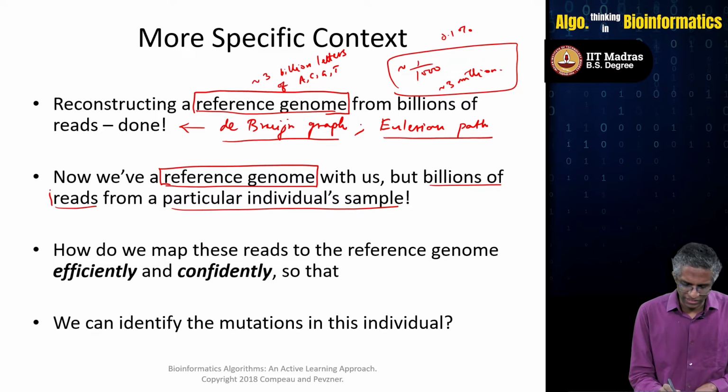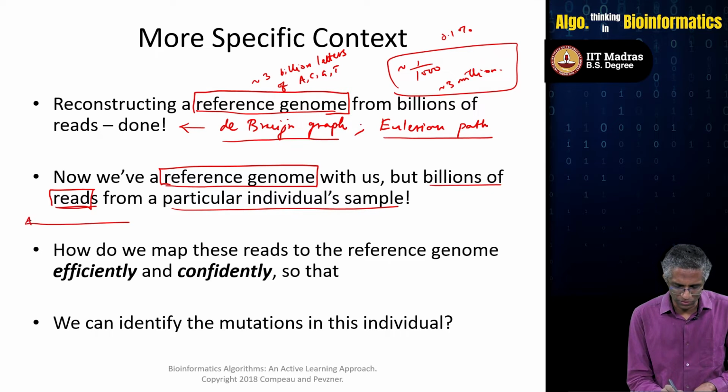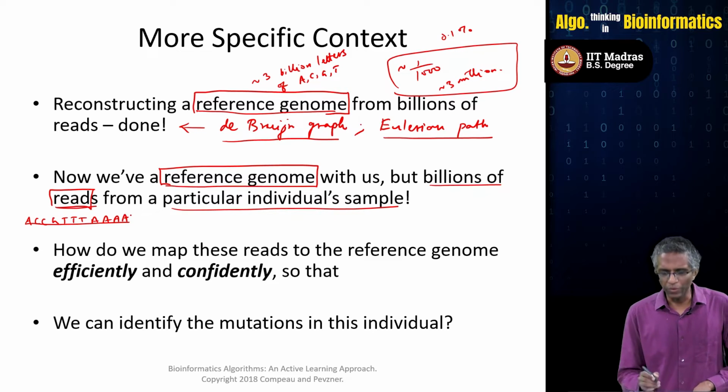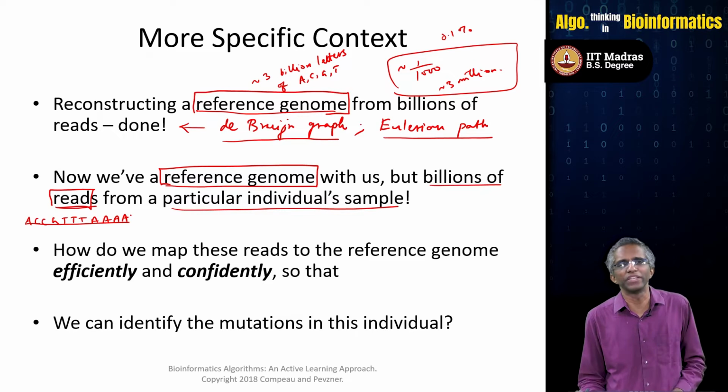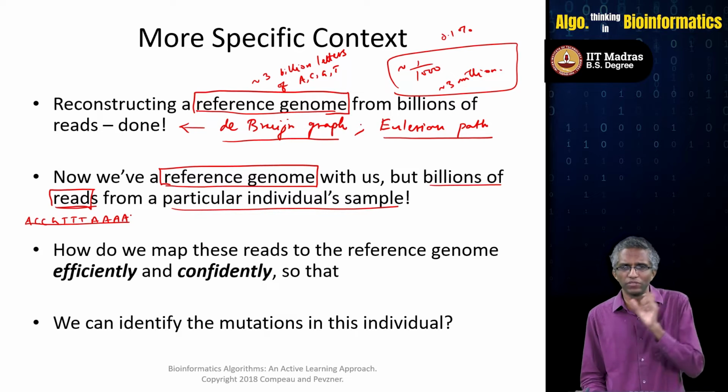And a read, as I have said, is simply a sequence of measurements, maybe ACC, GTTT. This could be one read that comes out of a sequencing machine, right? This is basically a fragment of DNA that has been taken from myself.